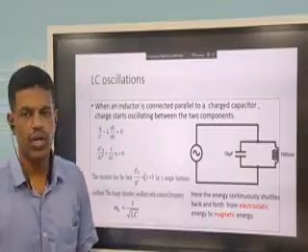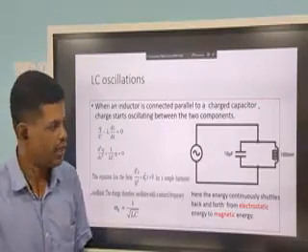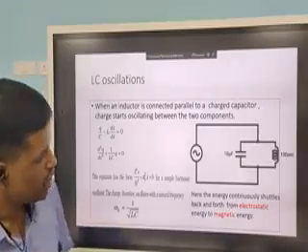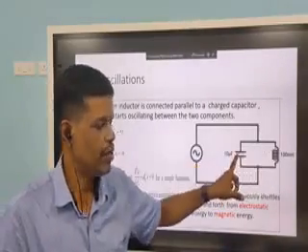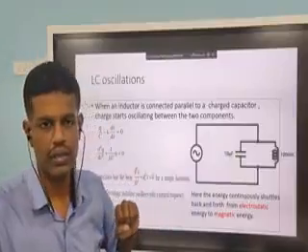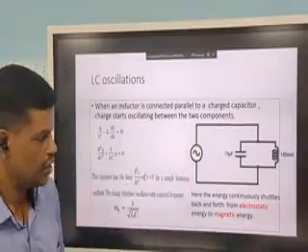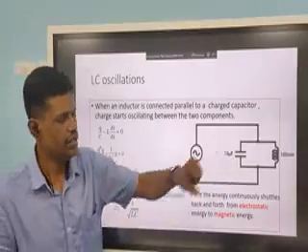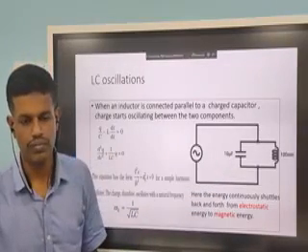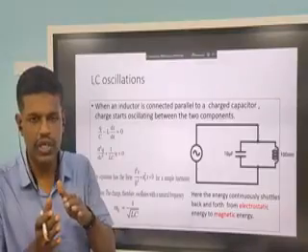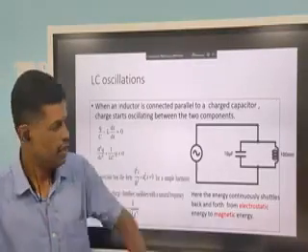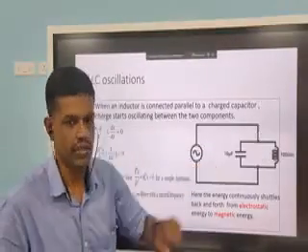Now, let us explore another possibility. We have a circuit containing an inductor and a capacitor connected in parallel. Suppose the capacitor is initially charged. Now when you connect it with the inductor, what happens? The capacitor will start discharging. It will discharge through the inductor.